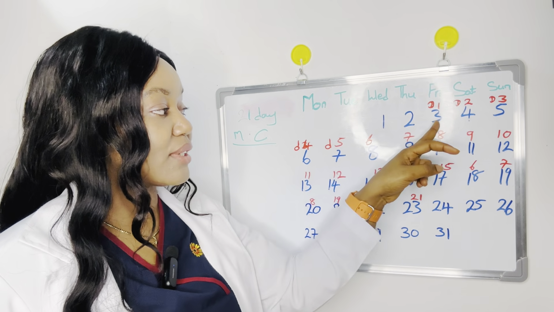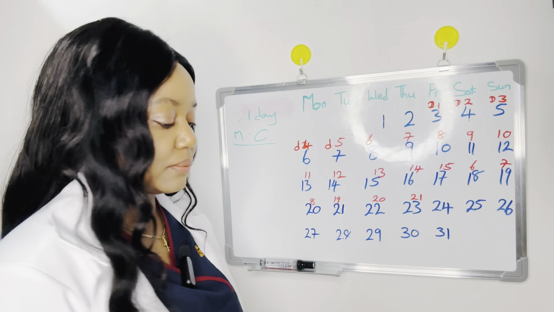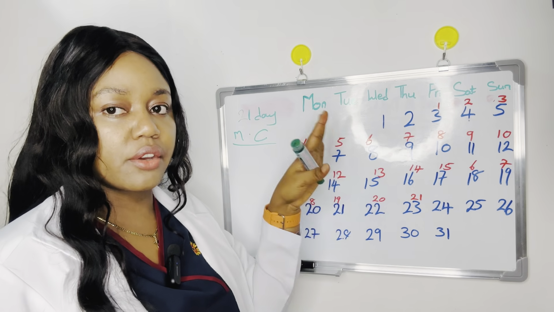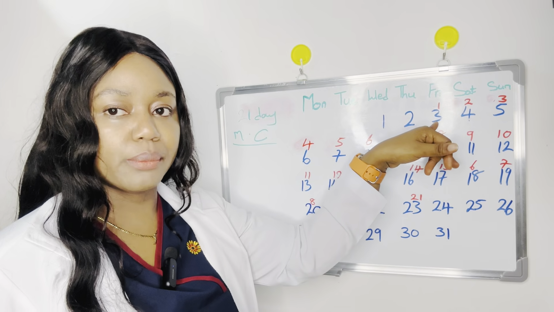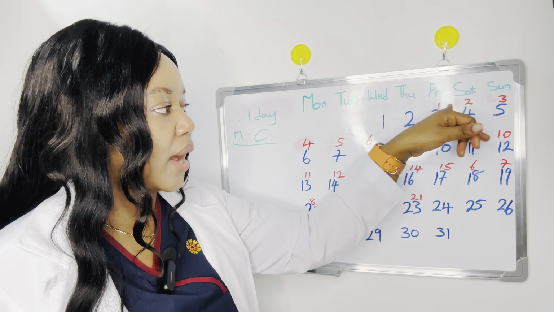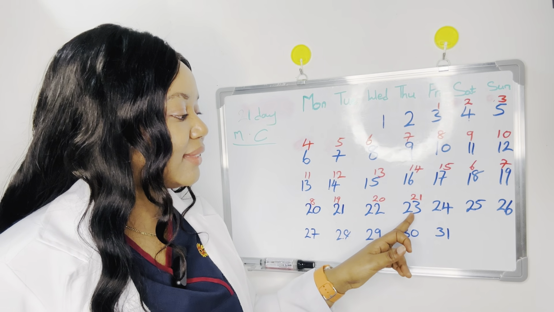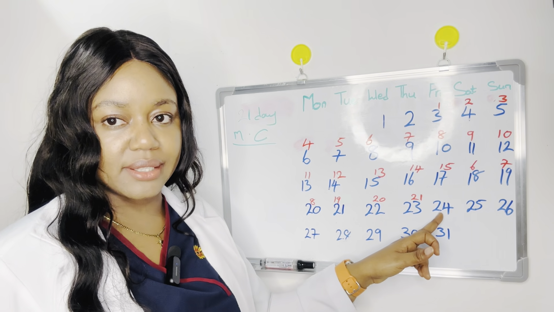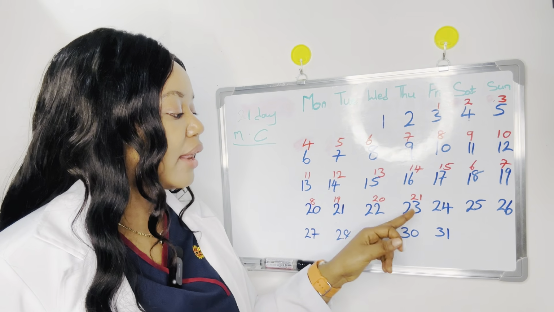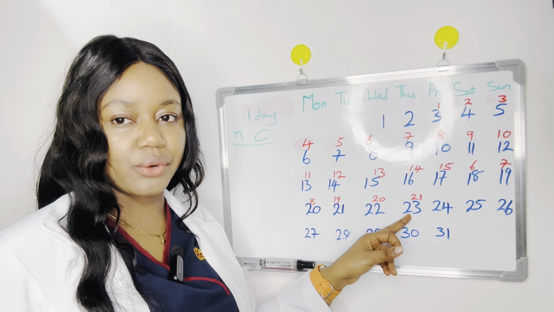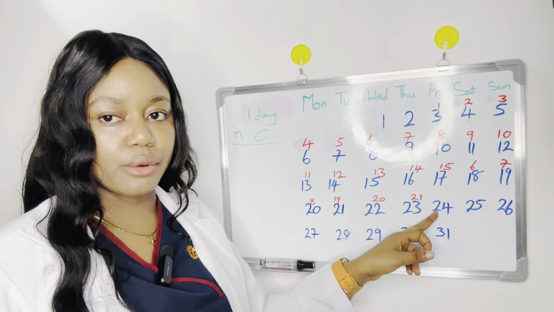So for this example, the first day the person started bleeding was on day 3. So this is my menstrual cycle. I've already drawn that. So we will count 1, 2, 3, 4, 5 up to 21. So 21 is the day before she started bleeding again. So her next bleeding will start on the 24th. So you have to end your counting on the 23rd, which is the day before her next bleeding. So that's how you calculate your menstrual cycle.